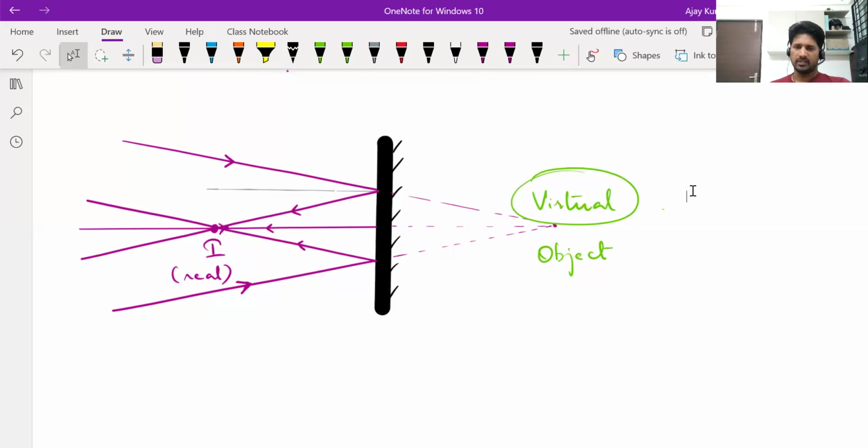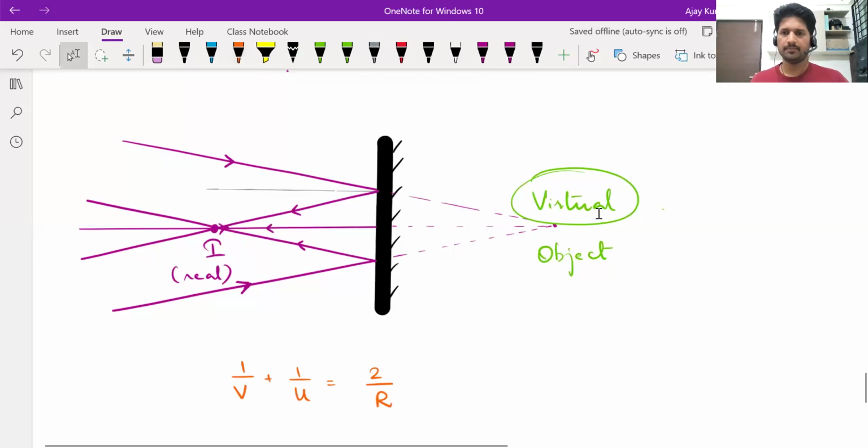Let's apply that to this plane mirror. How much is the radius of curvature of a plane mirror? Anyone quickly? Radius of curvature of a plane mirror. Infinity. Focal length is also infinite.